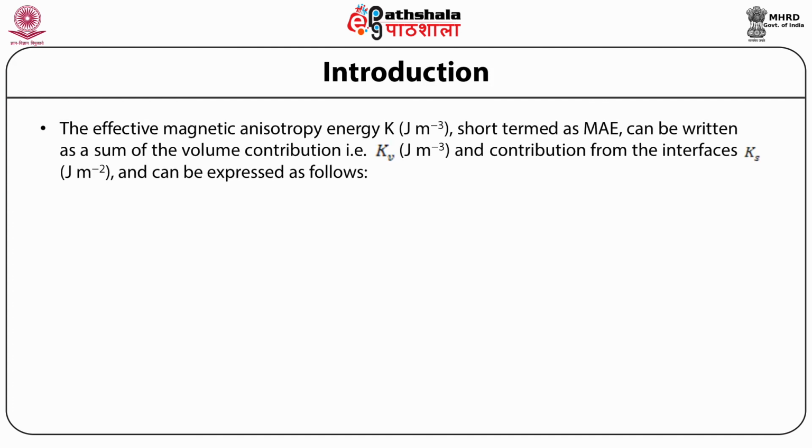The effective magnetic anisotropy energy, K, in units of joule per meter cube, which is shortly termed as MAE, can be written as the sum of volume contribution, that is Kv, in units of joule per meter cube, and contribution from the interfaces, that is Ks, in units of joule per meter square, and can be expressed as follows. K effective equals Kv plus 2 times Ks divided by t.